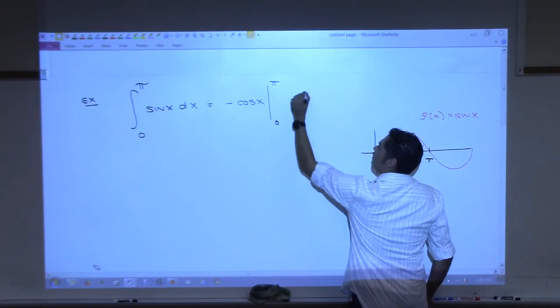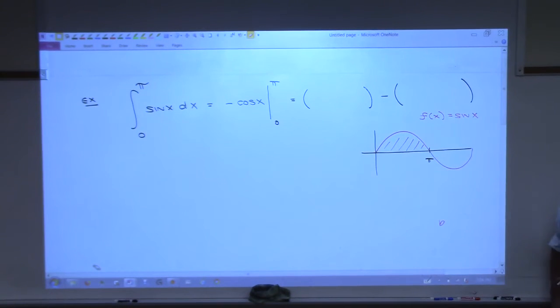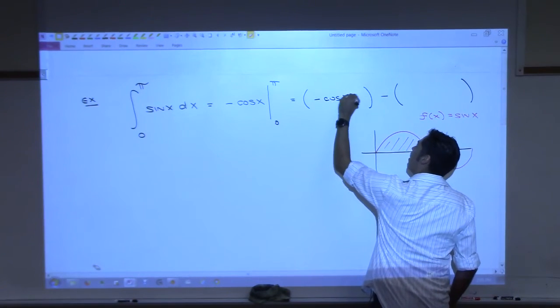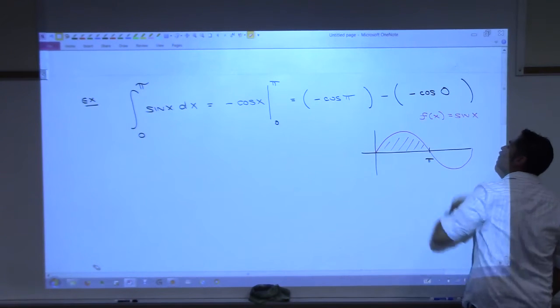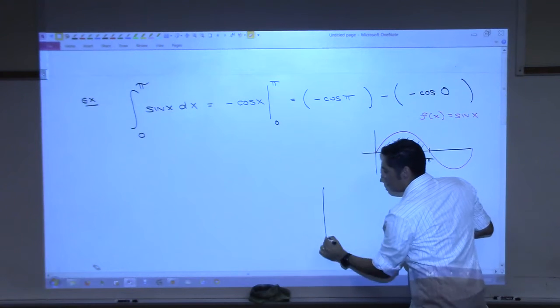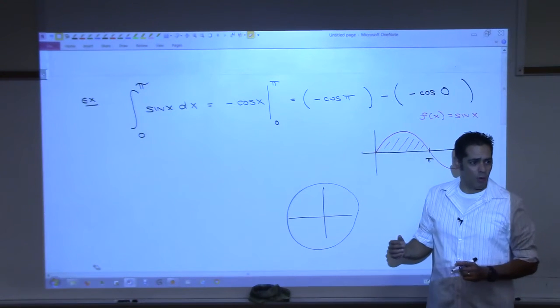Now that's going to be equal to something minus something, right? First I plug in what? Pi. So this is negative cosine of pi. And then I'm going to plug in 0, so negative cosine of 0. Now cosine of pi, you need to know what that is. So you've got to think about your unit circle. Cosine is the x-coordinate.